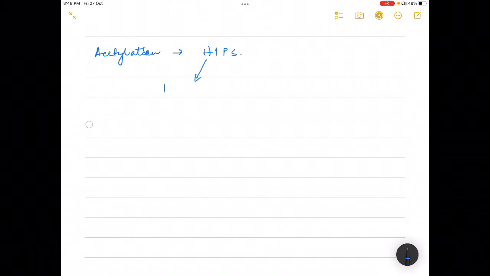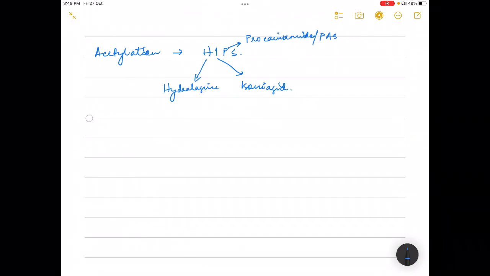H for hydralazine, I for isoniazid, P for procainamide or PAS, S for sulfonamide. So these are metabolized by acetylation.